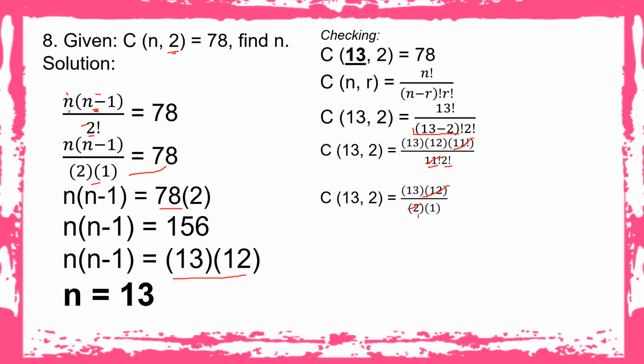So this is 1 and this is equal to 6. 12 divided by 2 is 6. So 13 times 6, the answer is 78. Okay, so therefore, the answer is 13. We are done finding the value of n in combination.